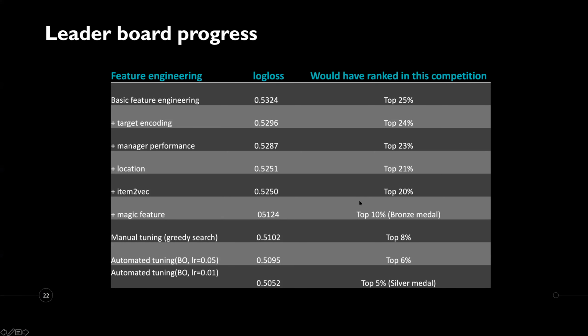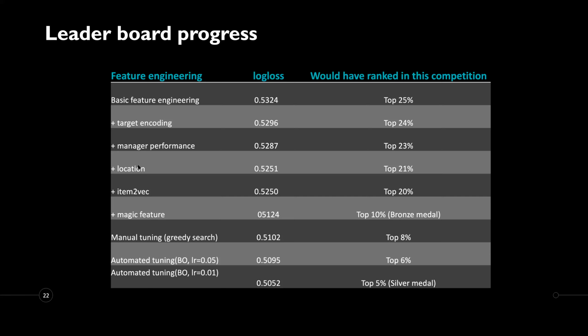Okay, here, similar to what we had last week, I just put together a chart to demonstrate the different techniques and how we would see the progress on the leaderboard in terms of the improvements of the model.